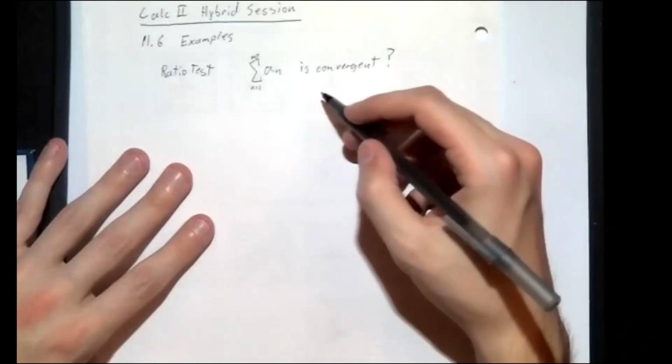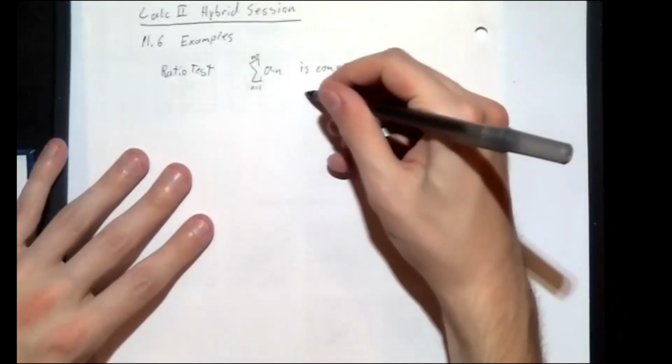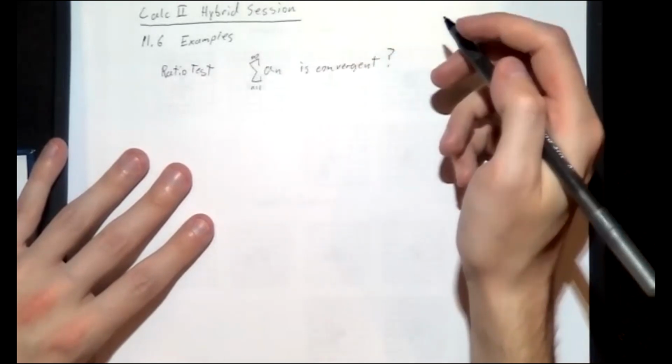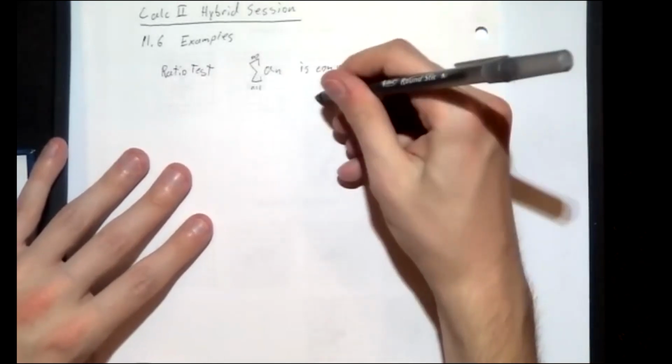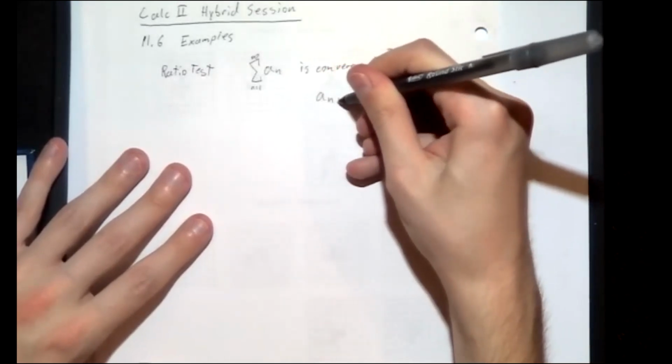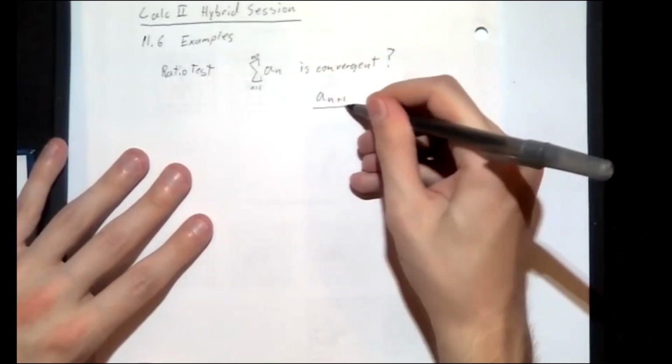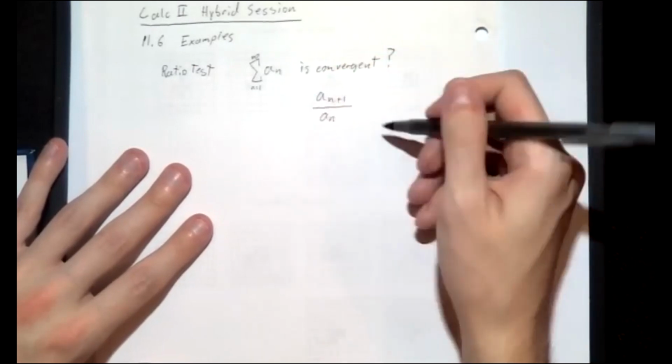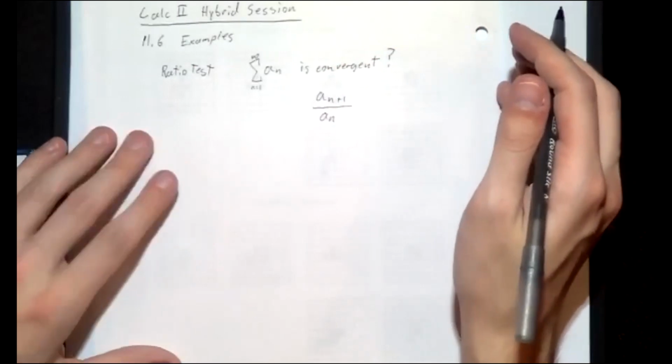The way that we check this is the ratio test, and the equation is very easily written. It's just a sub n plus 1 over a sub n, but it never looks that nice typically.